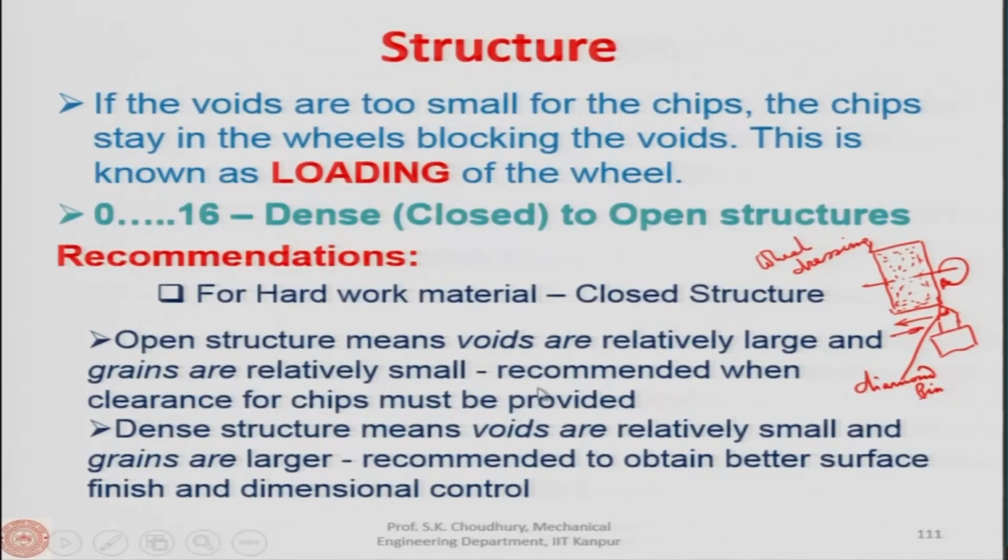Dense structure means the voids are relatively small, opposite to the open structure, and the grains are therefore larger, and that is recommended to obtain better surface finish and dimensional control.